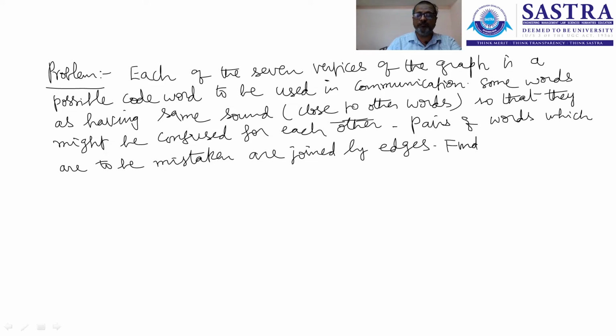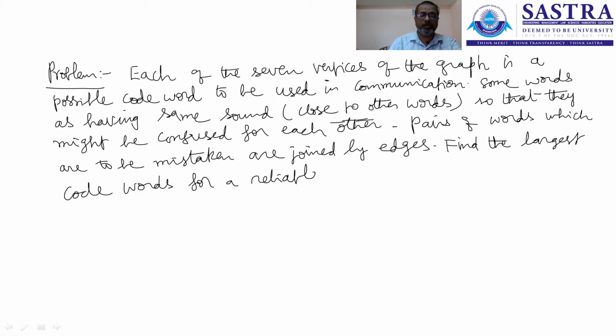Now what I have to do is find the largest code words so that the receiver does not mistake the original message. You have to find the largest code words for a reliable communication.